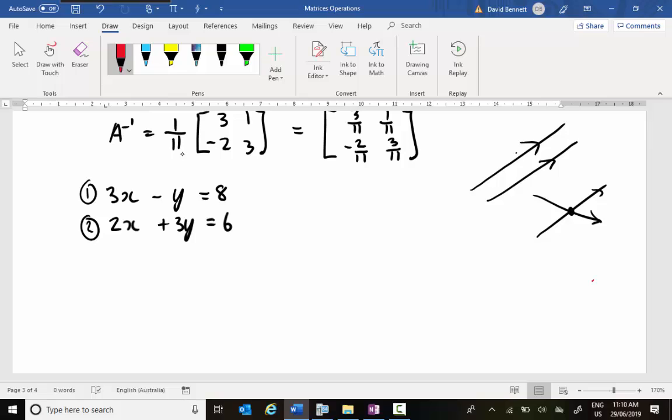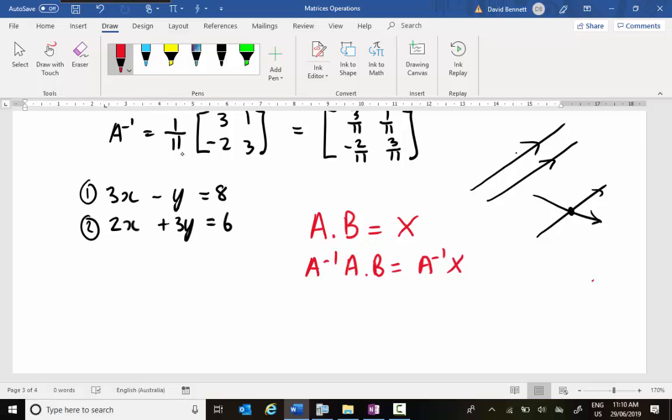If we have A times X equals B, and I times this matrix by the inverse of A, then we get the inverse of A times A times X equals the inverse of A times B. Obviously, when you're timesing a matrix, you have to times out the front of both.